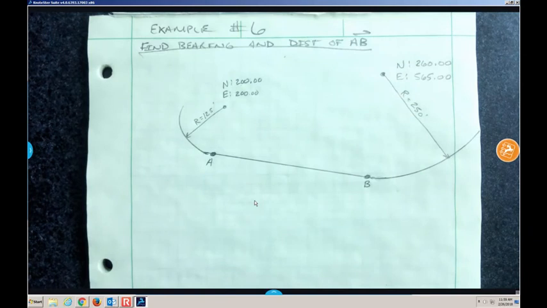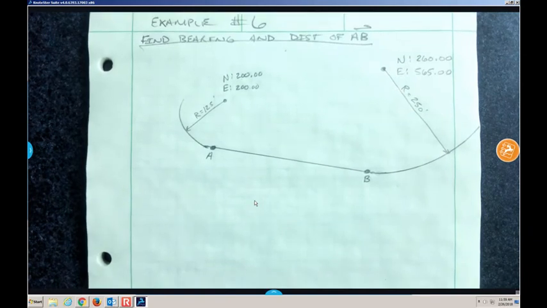So there's one very major principle you need to know. And that is, which way is north? Where a PC or PT occur, that's always perpendicular to the tangent. That's going to be very important on how you solve this problem.